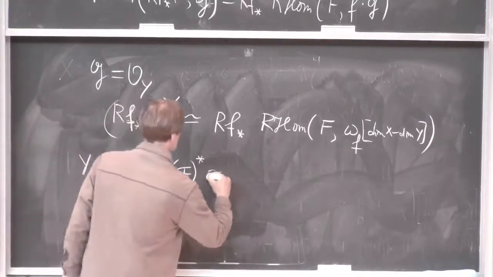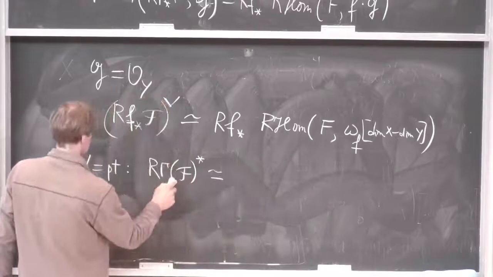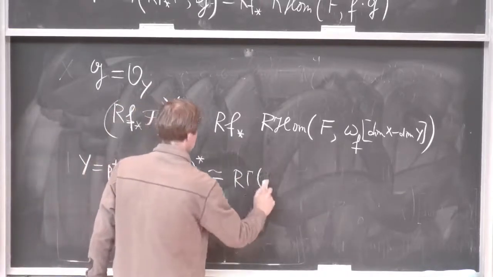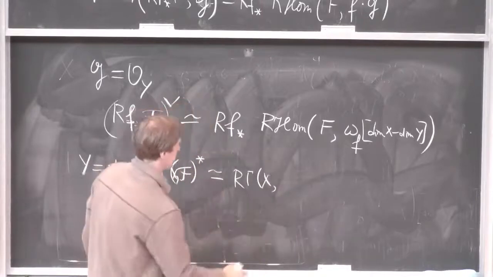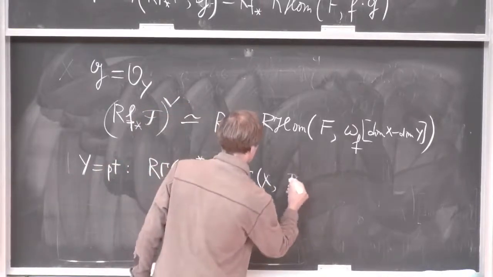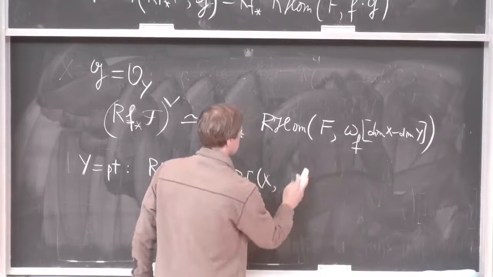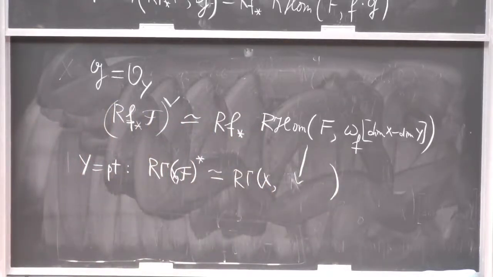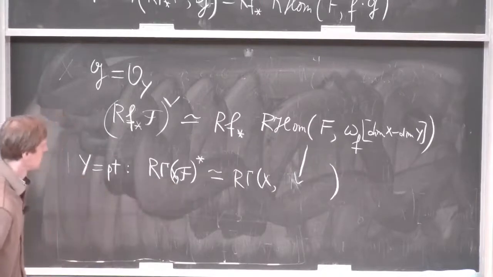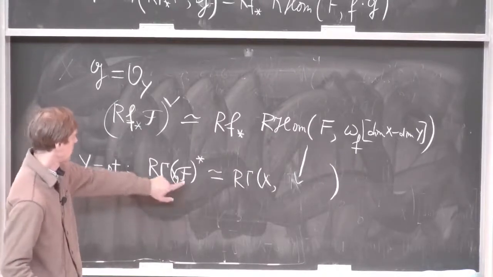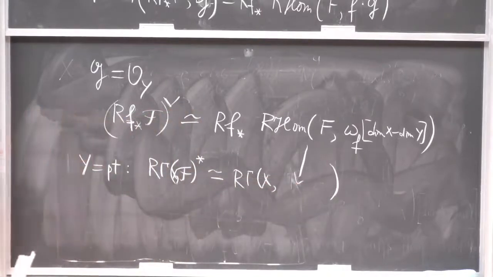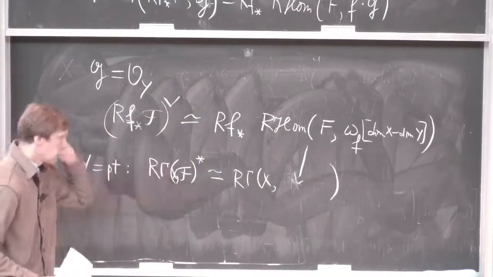And on the right-hand side, it will be RΓ over X, and here we take R Hom from F to this guy. Especially if F is, for example, a vector bundle, this becomes the usual Serre duality when we pass to cohomology.